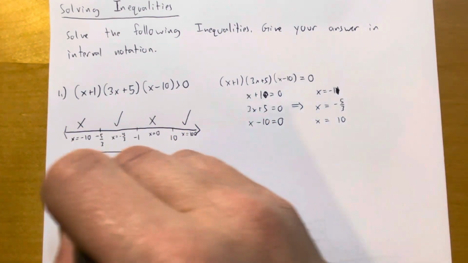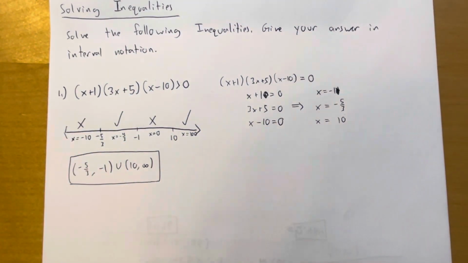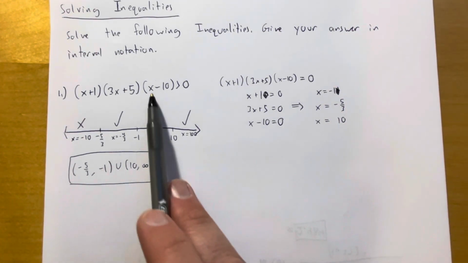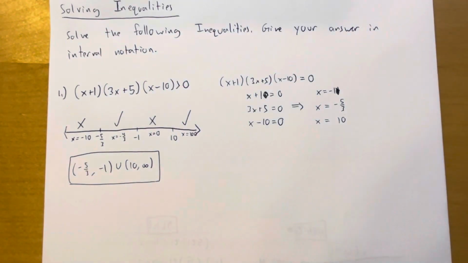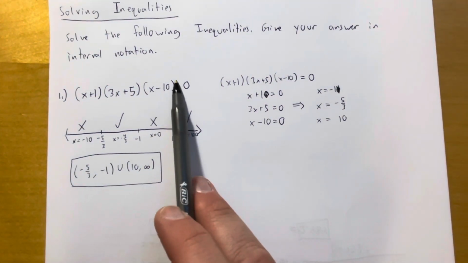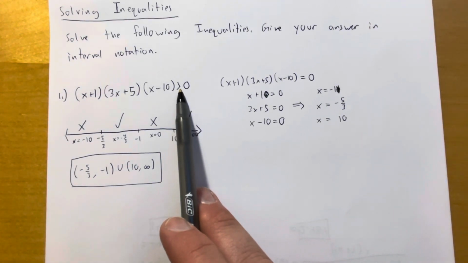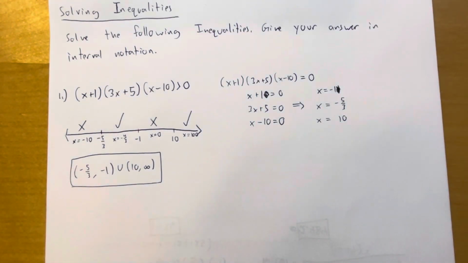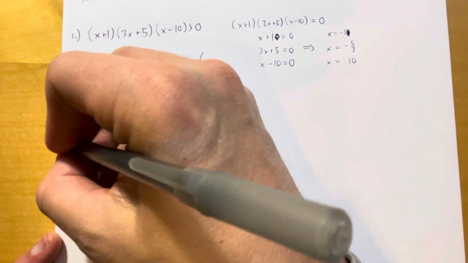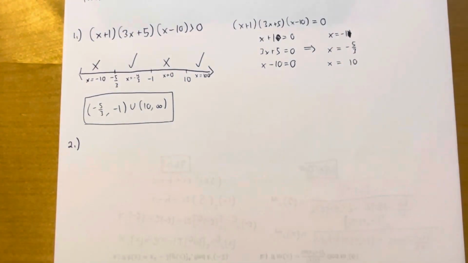It's important that you use open intervals, not closed intervals, because if I use closed intervals, then I'm including these endpoints here, but those endpoints are where this was equal to 0, not greater than 0. I would only use a closed bracket if this was a greater than or equal to inequality sign, which we're not going to use here because we're not going to use that in the parent class either. So always open intervals for what we do here.